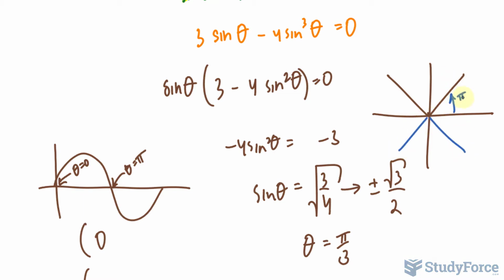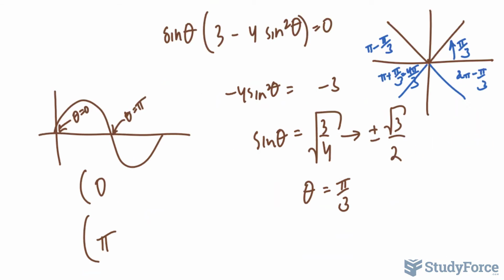So from here to here is pi over 3. From here to here, that's pi minus pi over 3. And over here is pi plus pi over 3, which is equal to 4 pi over 3. And from here to here, we have 2 pi minus pi over 3.